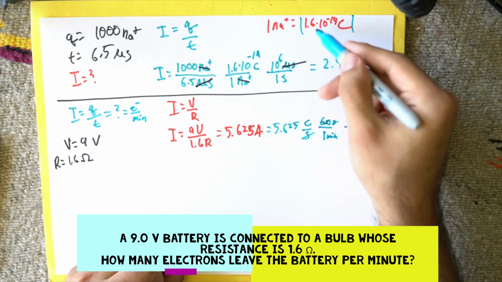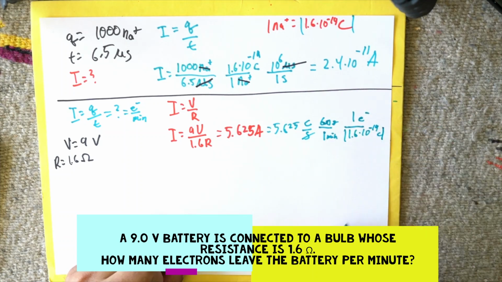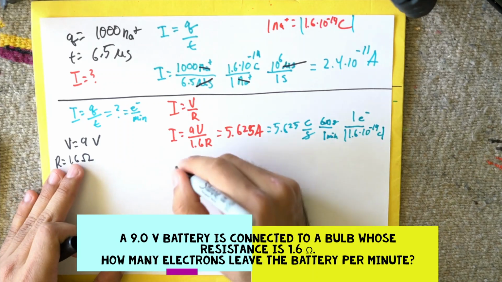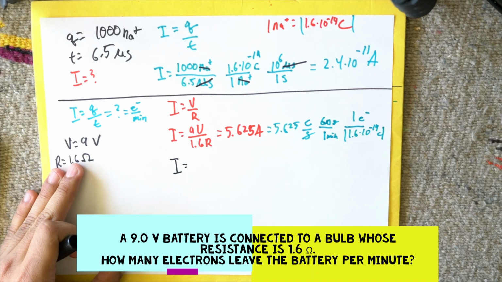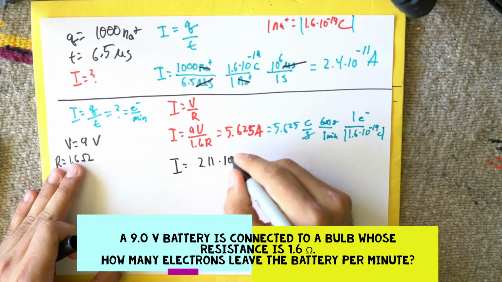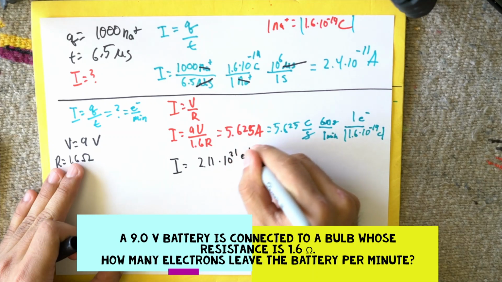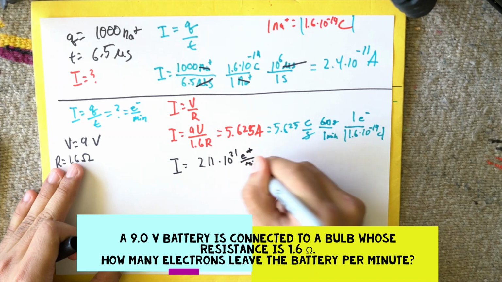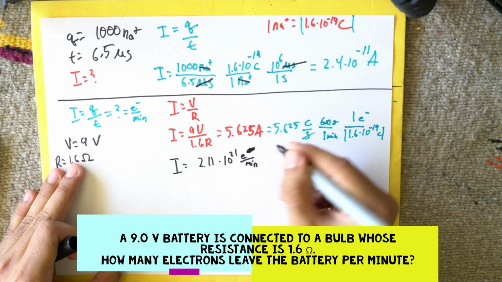For a positive ion, this would be positive. For a negative one, this would be negative, but let's just use the absolute value. If you do this math correctly, you should come out with, rounded to the nearest hundredth, 2.11 times 10 to the 21 electrons per minute. Oh no, that looks like a plus sign. Minus sign. Real big minus sign.